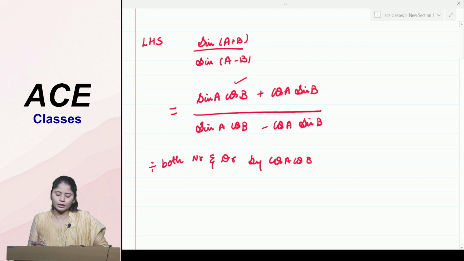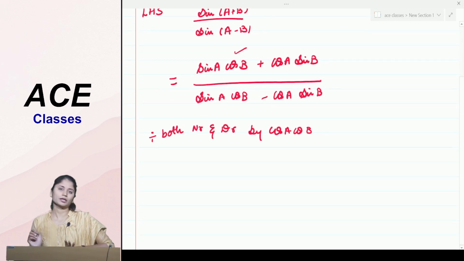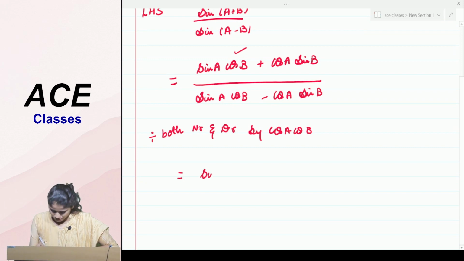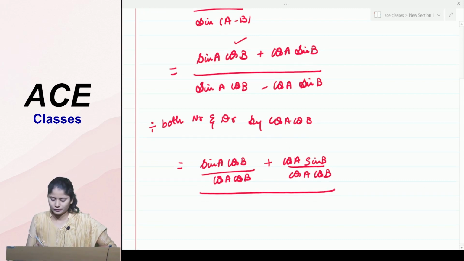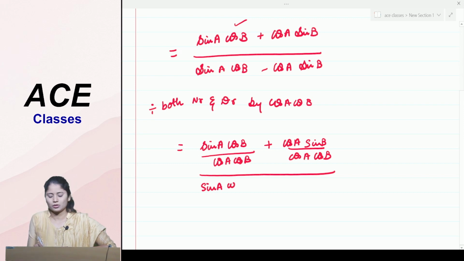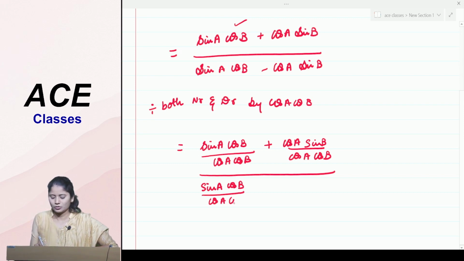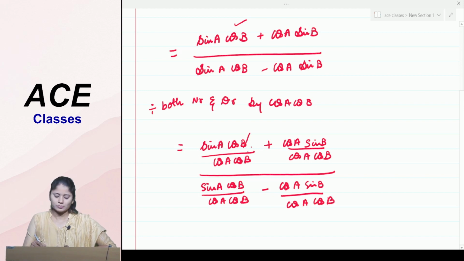For that reason, I am dividing both numerator and denominator by cos A cos B. So that is sin A cos B by cos A cos B plus cos A sin B by cos A cos B, whole divided by sin A cos B by cos A cos B minus cos A sin B by cos A cos B. Here cos B will get cancelled, cos A will get cancelled, same thing in the denominator.